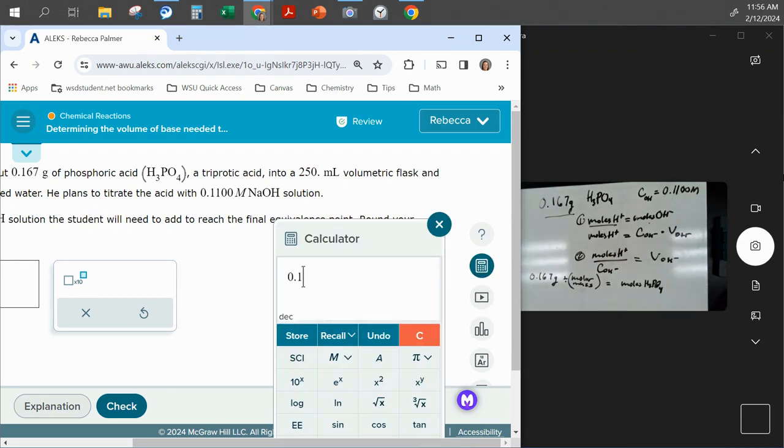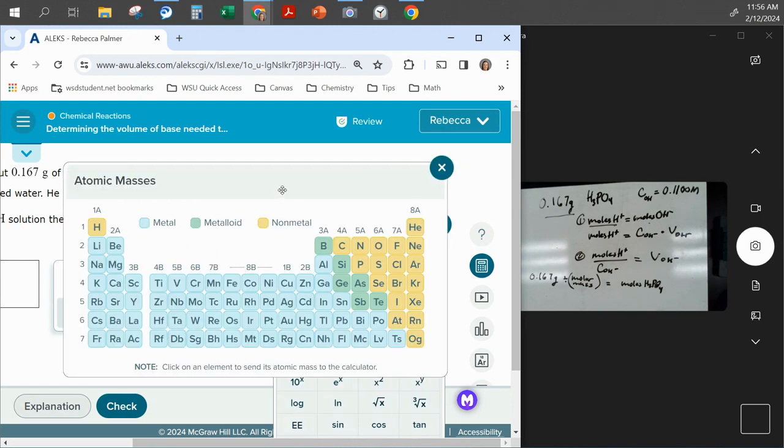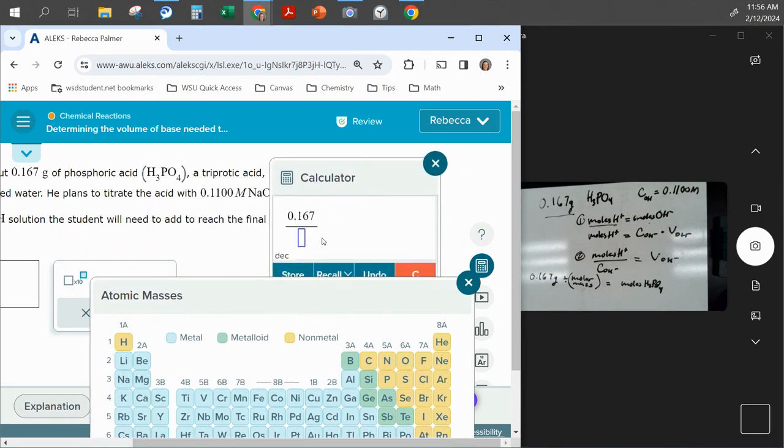So 0.167 divided by the molar mass. So we need to know how many hydrogens. Well, we have 3 hydrogens plus 1 phosphorus plus 4 times the oxygen.